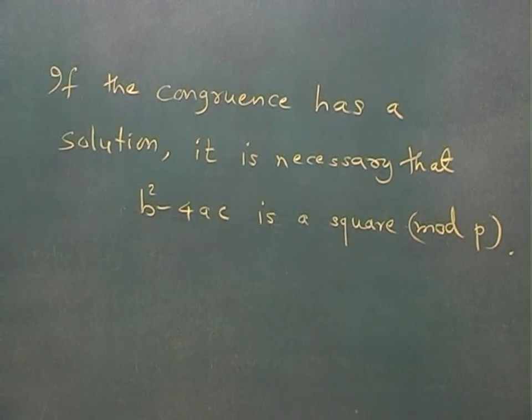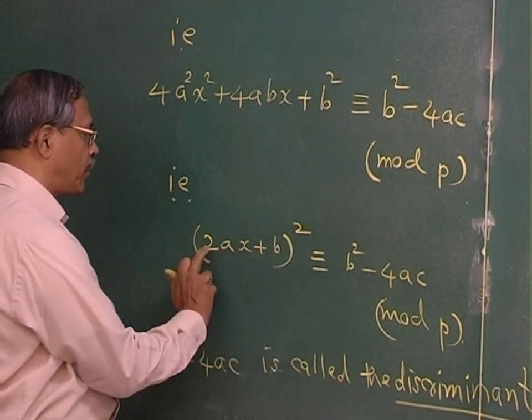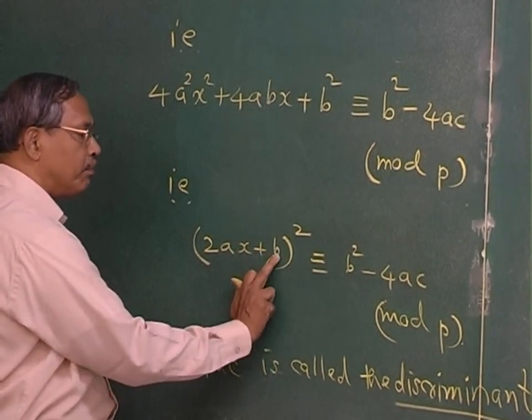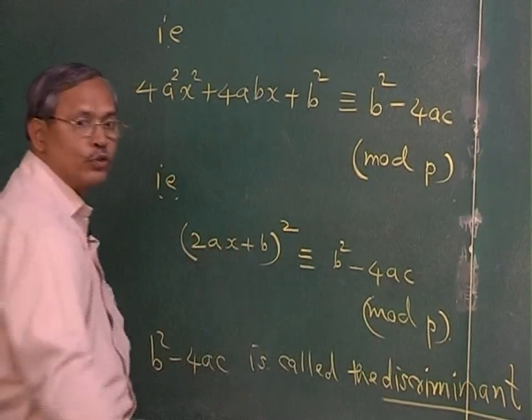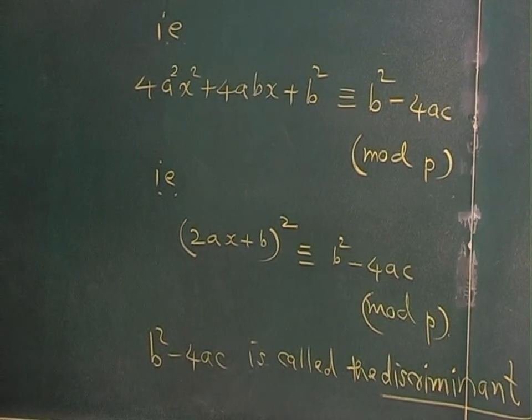It is clear from this that if there is a solution alpha, then b square minus 4ac is the square of 2a alpha plus b mod p. So that is necessary.